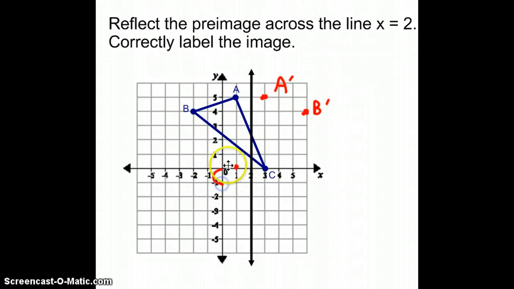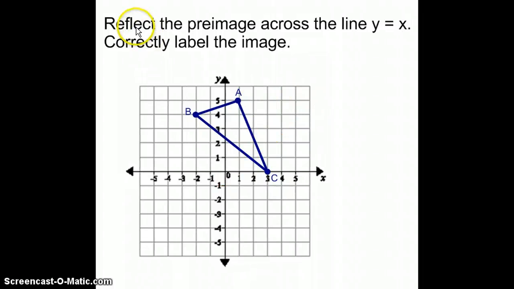Drawing C prime. Using a straight edge, we can now connect our points A prime, B prime, and C prime to form our triangle. And again, we have congruent figures, triangle ABC and triangle A prime, B prime, C prime.